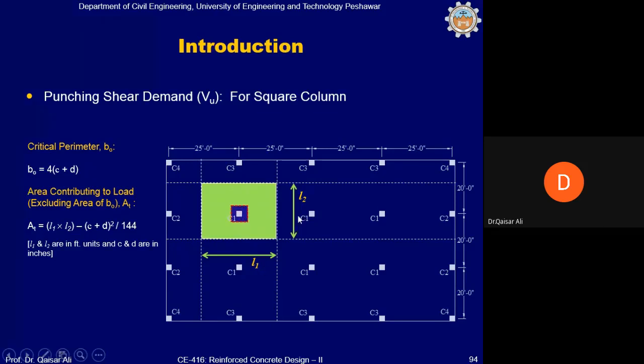So L1 into L2 is the total area, and this area is c plus d whole square. So this c plus d whole square area is deducted from the total area, and this will give you the tributary area. The total punching shear load is L1 into L2 into Wu. But since this area is not contributing to the punching shear, this will be deducted from this. Punching shear demand is Vu equals Wu into At.